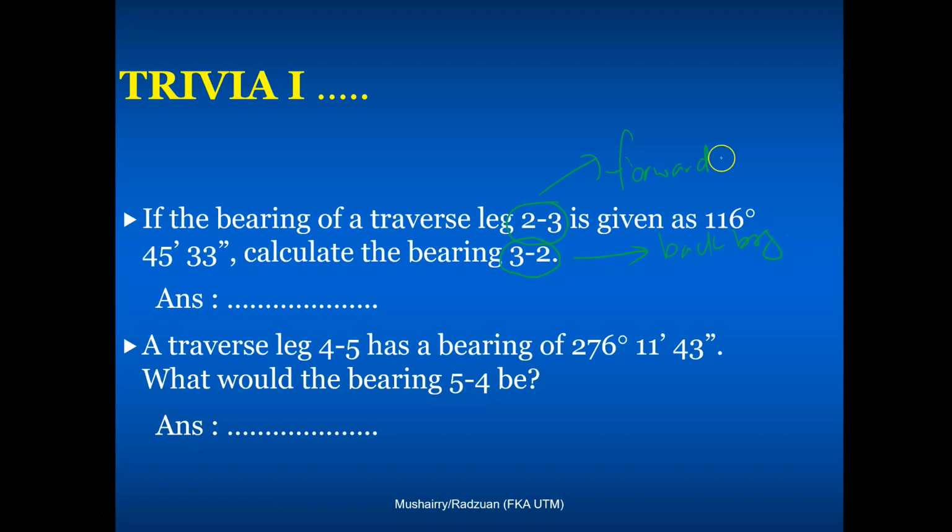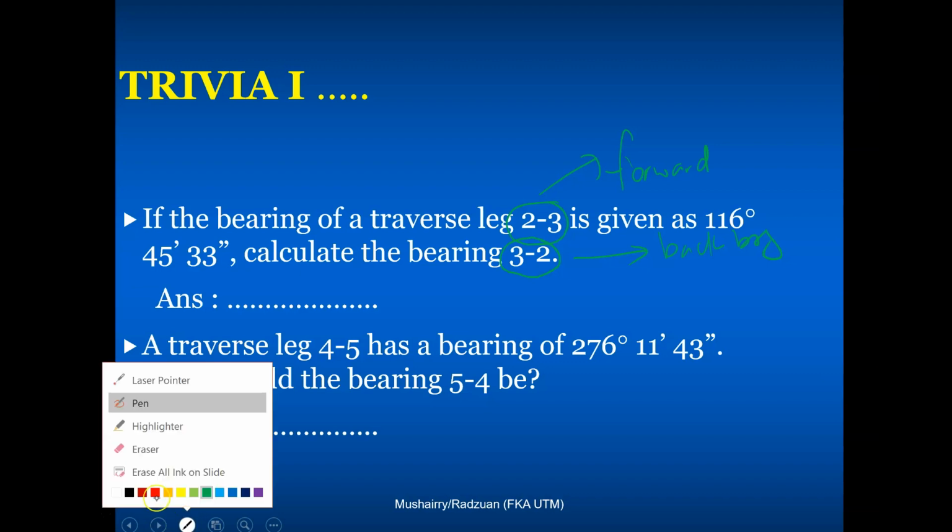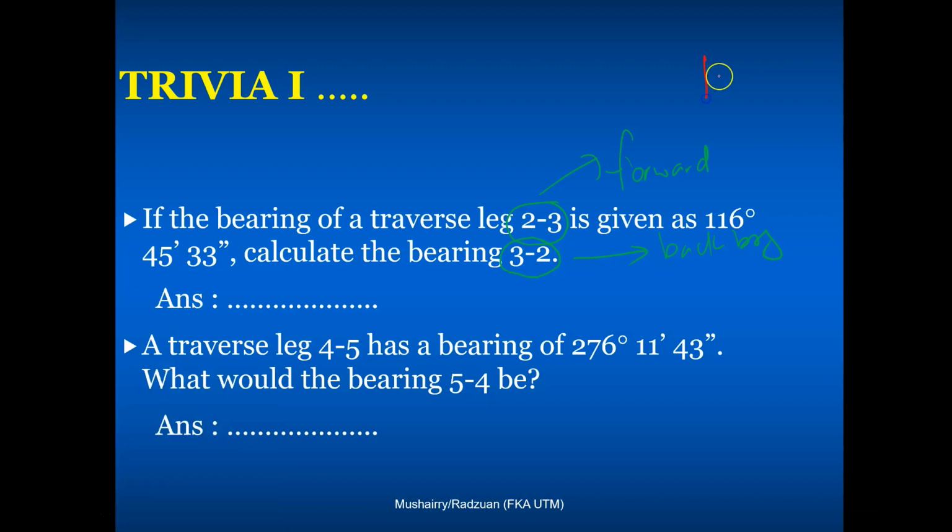So forward and back should differ by 180 degrees, plus or minus depending on what the numbers are. So if you were given 116, your bearing 3-2 should be 180 degrees different to that. So it should be 296°45'33".